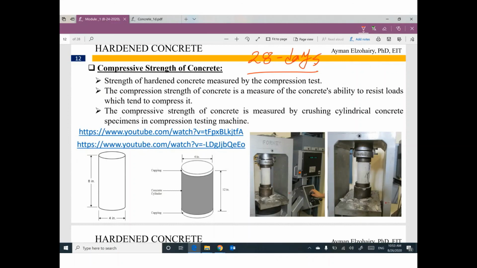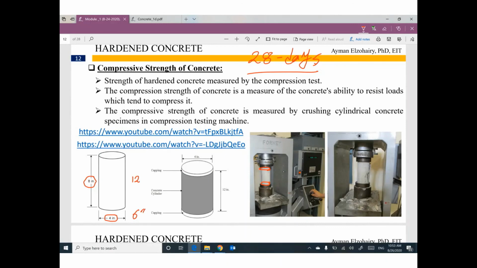You can pour concrete cylinders, and these cylinders will have standard dimensions, probably 4-inch diameter and 8-inch height, or 6-inch diameter and 12-inch height.